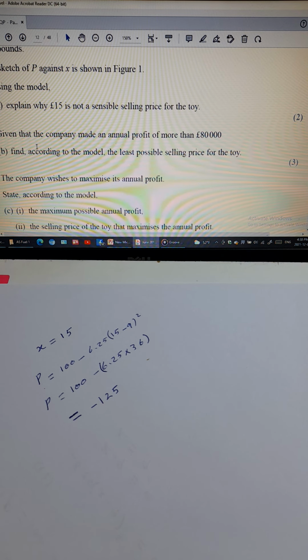Given that the company made an annual profit of more than 80,000 pounds, find, according to the model, the least possible selling price for the toy.